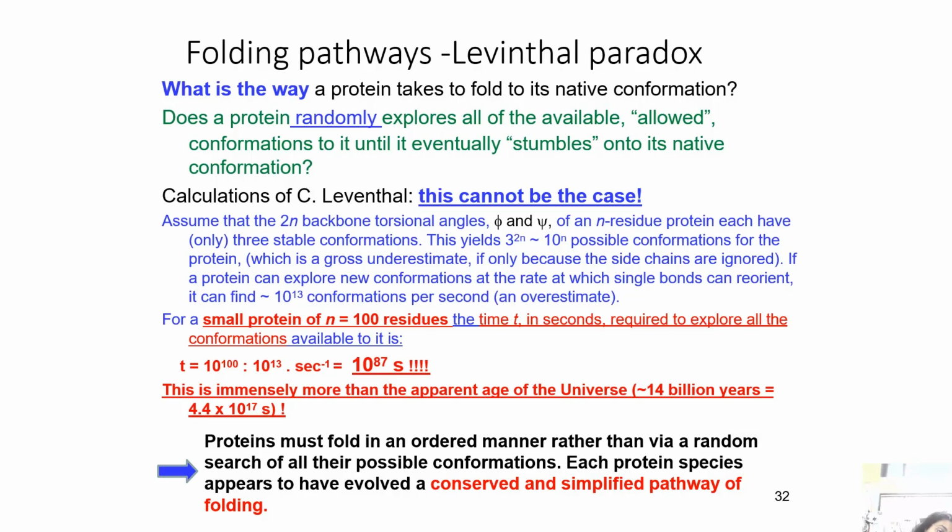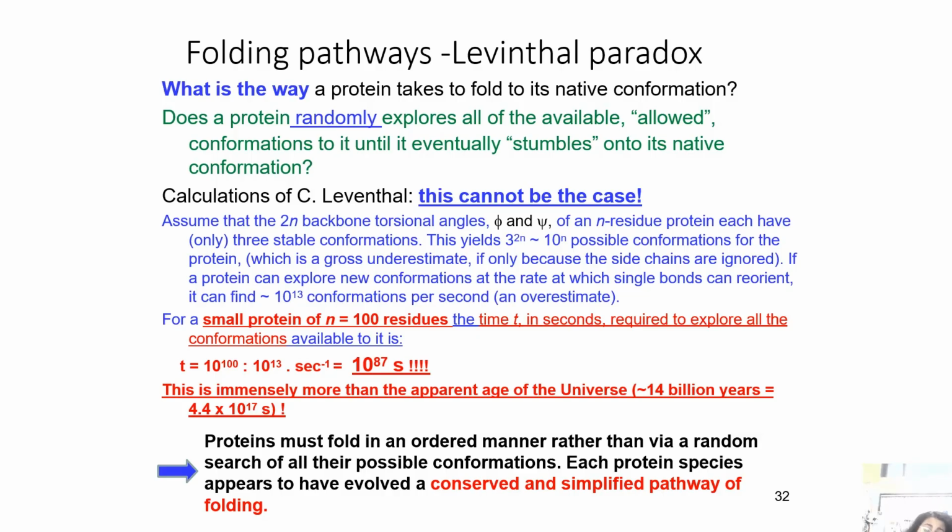If a protein can explore new conformations at the rate at which single bonds can reorient, it can find 10 to the power 13 conformations per second, which is an overestimate. For a small protein of, suppose, 100 residues, the time t in seconds required to explore the conformations available is 10 to the power 87 seconds.